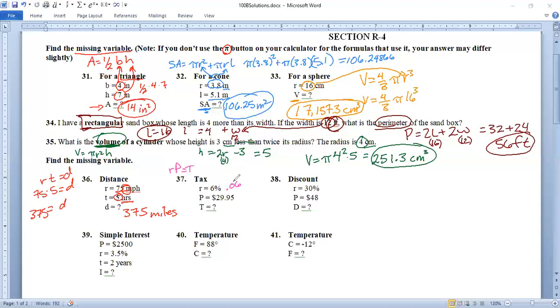We took this percent of that number, so 0.06 times 29.95 to get the tax.